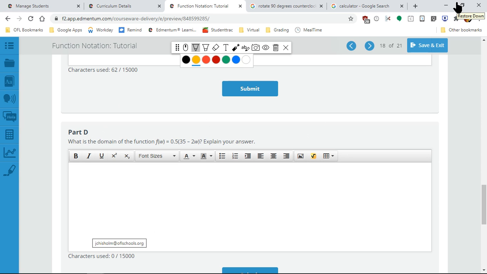So I'm going to say my domain is going to be, this is a little tricky to explain. I'm just going to pretend that this flower bed doesn't have any length to it.